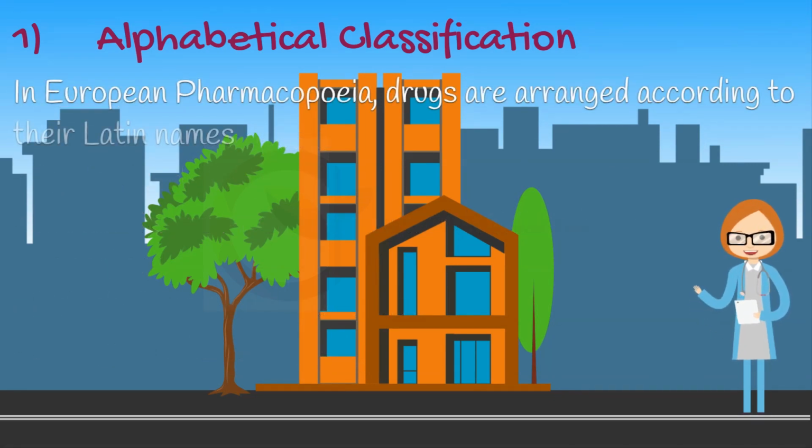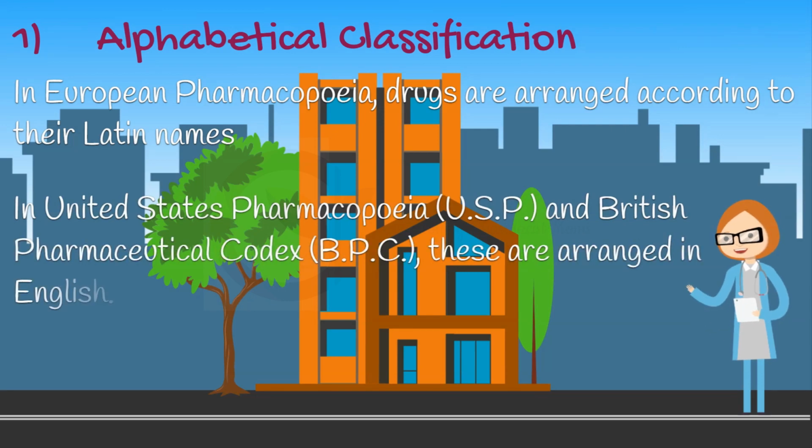In European Pharmacopoeia, drugs are arranged according to their Latin names. On the other hand, in United States Pharmacopoeia, or USP, and British Pharmaceutical Codex, or BPC, these are arranged in English.